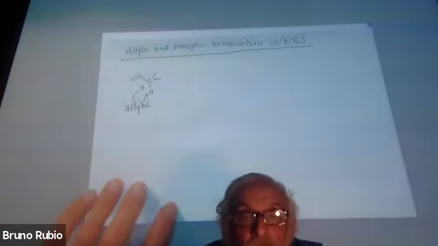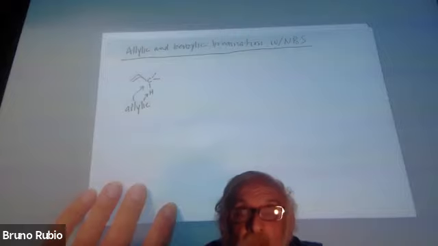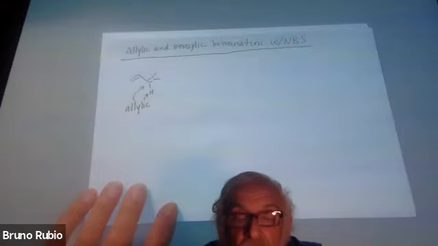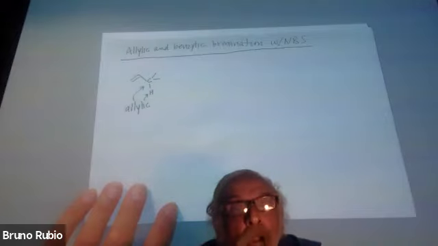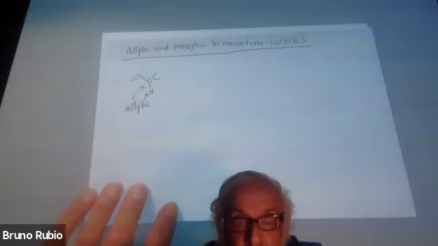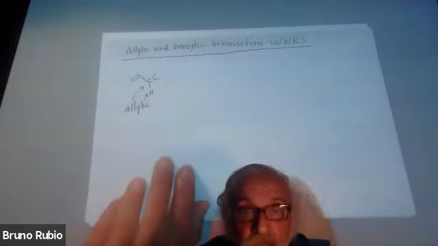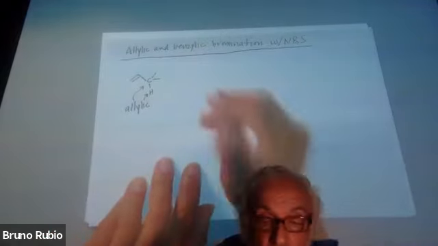So the allylic carbon is not part of a carbon-carbon double bond, but it's directly bonded to a carbon-carbon double bond. An allylic hydrogen is a hydrogen that is not bonded to a double bond carbon, but it is bonded to a carbon that is directly bonded to a double bond carbon. So that's an allylic position.